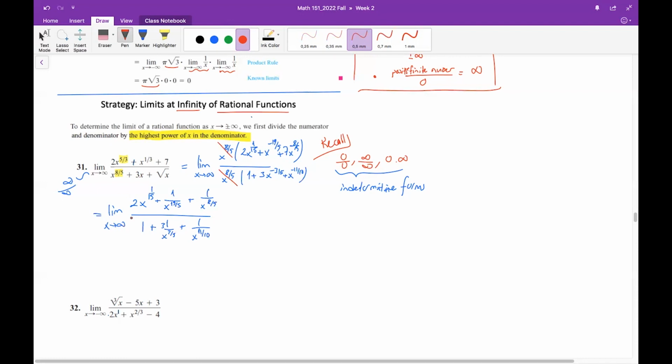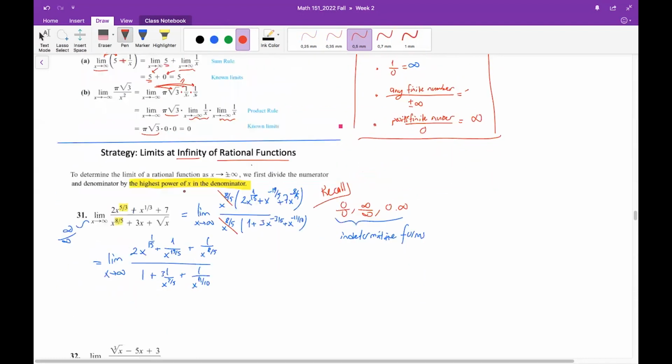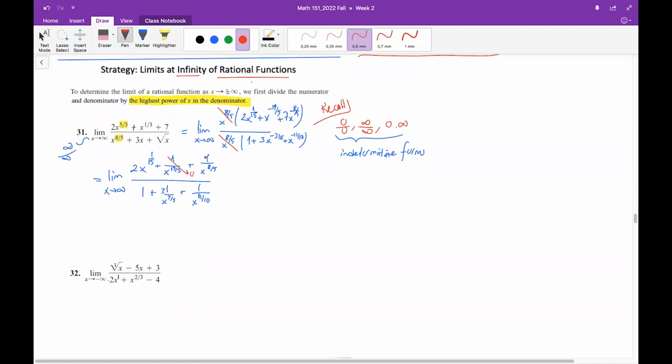As x goes to infinity, 1 over infinite. What is 1 over infinite? It is 0. So this part goes to 0, 0, 0, 0, because we are sending x to infinity. So what remains then? This is the limit as x goes to infinity of 2 times x to the power 1 over 15. So what is the result?